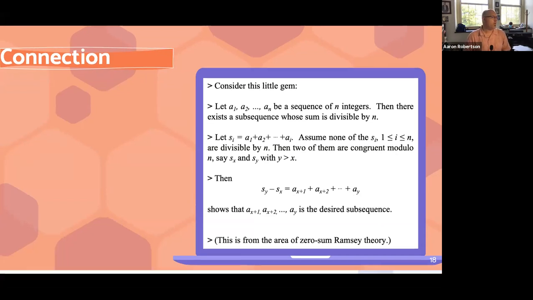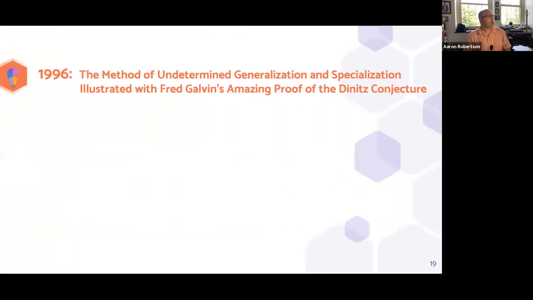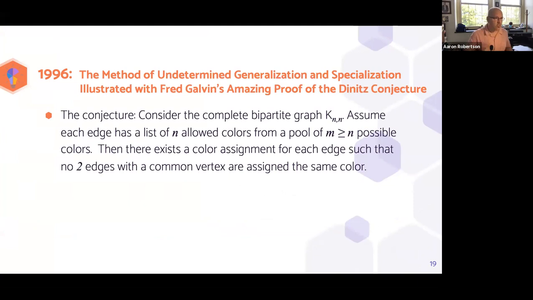So we get to the Dinitz conjecture. This is starting to feel much more like Ramsey theory, less tangential. And this one is, we're looking at the complete bipartite graph, and the edges are allowed to have one of n colors.